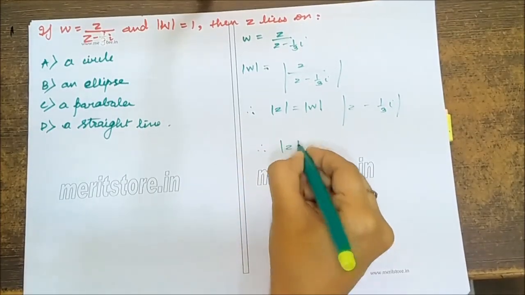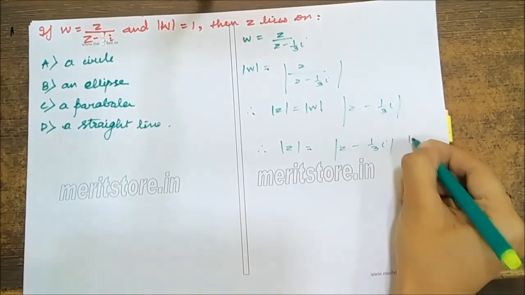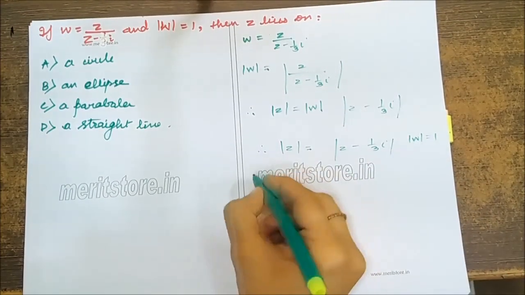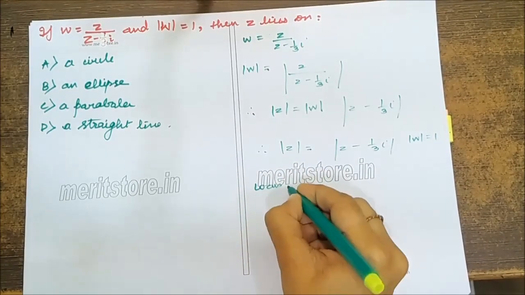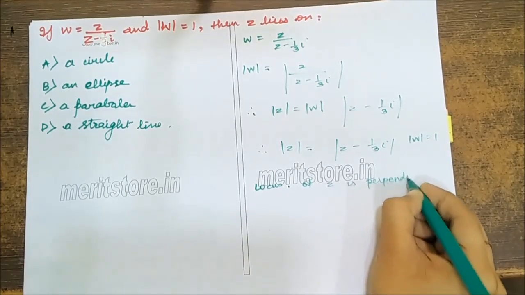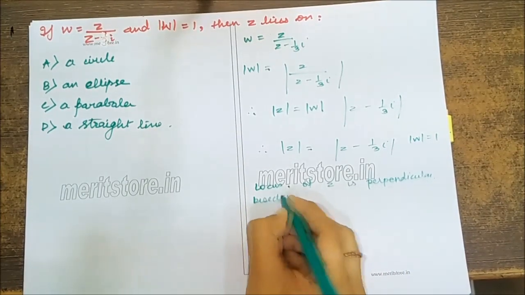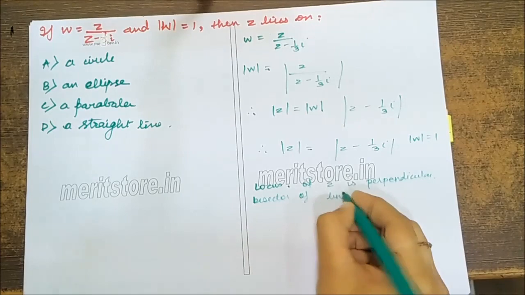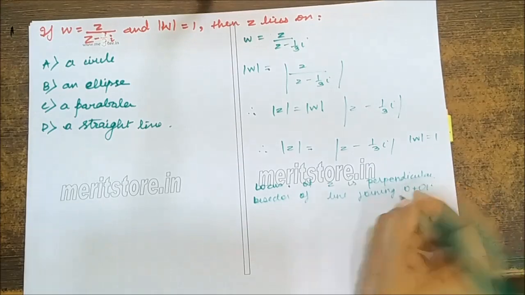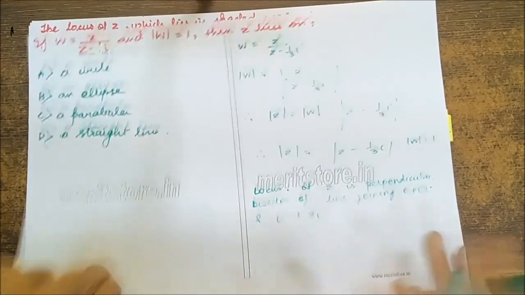Hence modulus z is equal to modulus z minus 1 upon 3i. Now since modulus of w is equal to 1, the locus of z is the perpendicular bisector of line joining 0 plus 0i and 0 plus 3i. So it is basically a straight line. Answer is B.